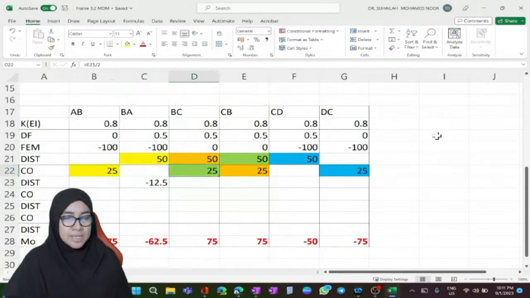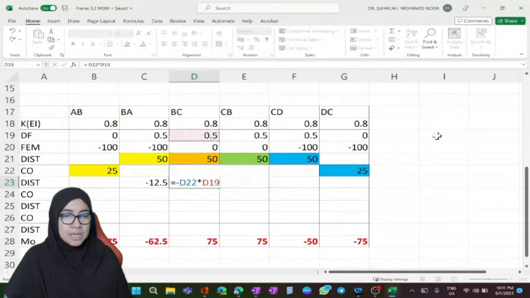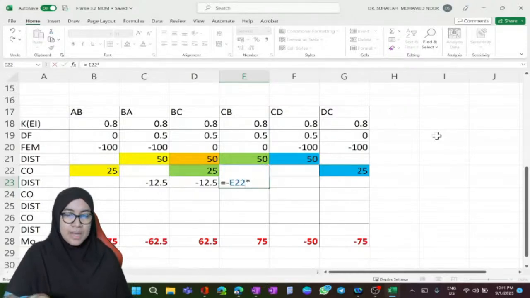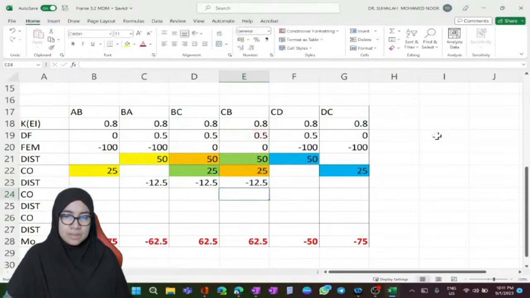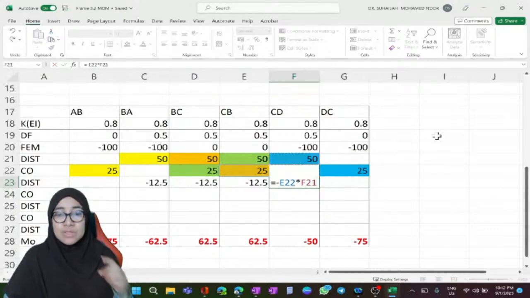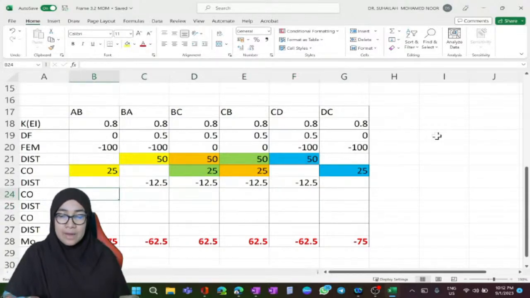Okay, so next is BC. So negative 25 times with the factor. Again, negative, times with the factor. Okay, we put negative 25 times with the factor. It is 25 plus 0. Okay, and then we need to carry the value again.